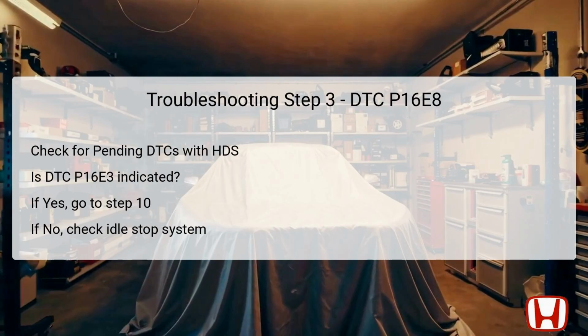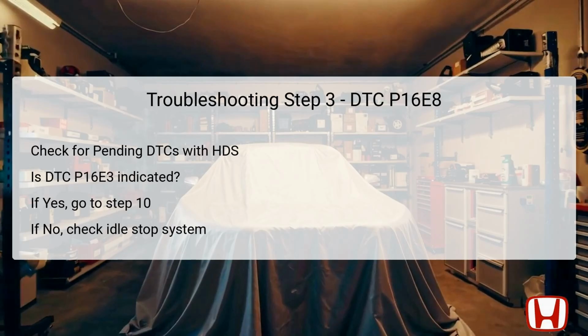Continuing with the diagnostic process, this step involves checking for any additional pending or confirmed DTCs, specifically looking for DTC P16E8 associated with the PGM-FI battery sensor. If this code is present, it suggests that another critical component is experiencing a communication problem.